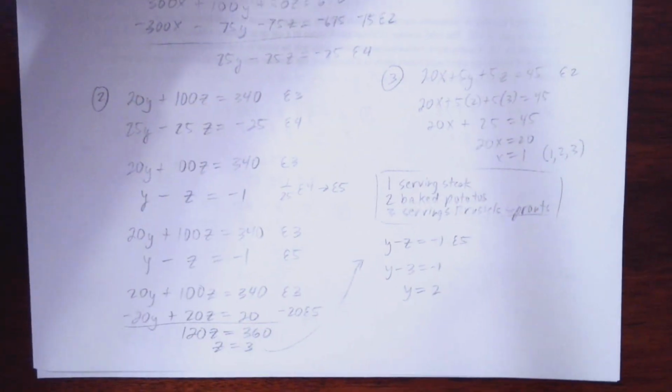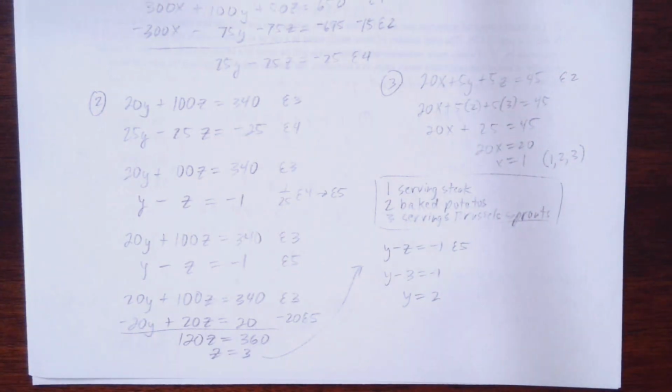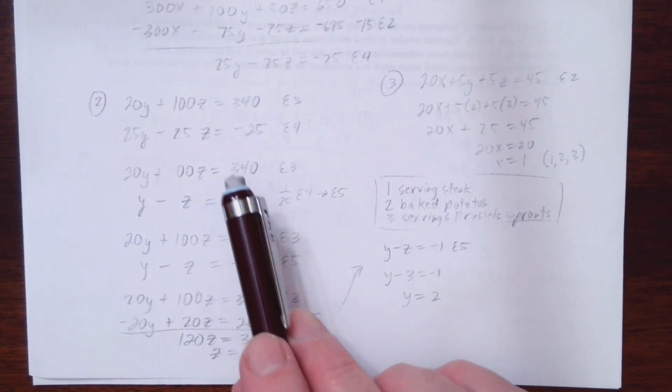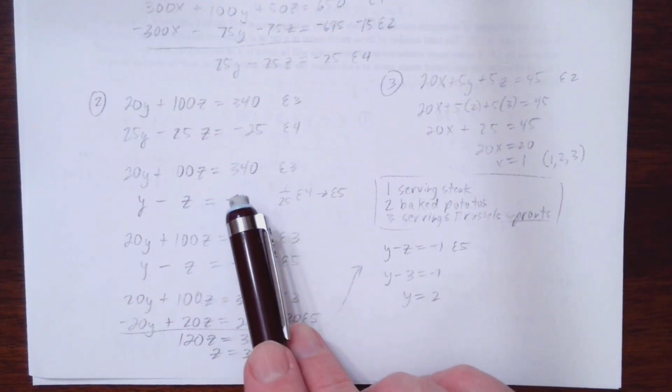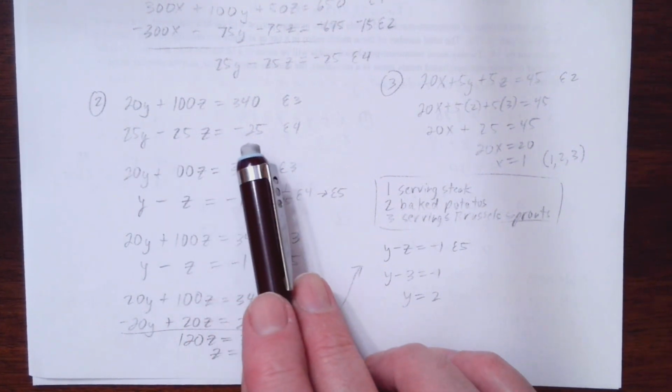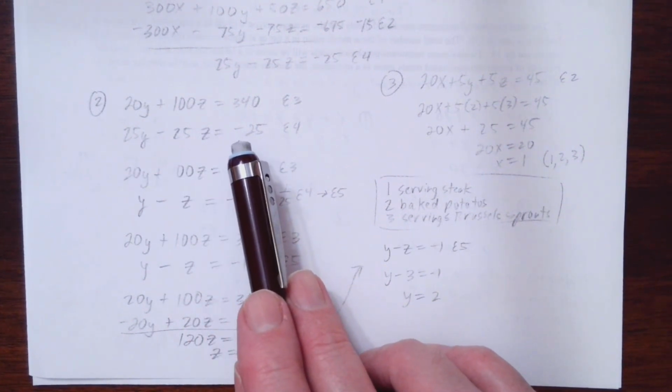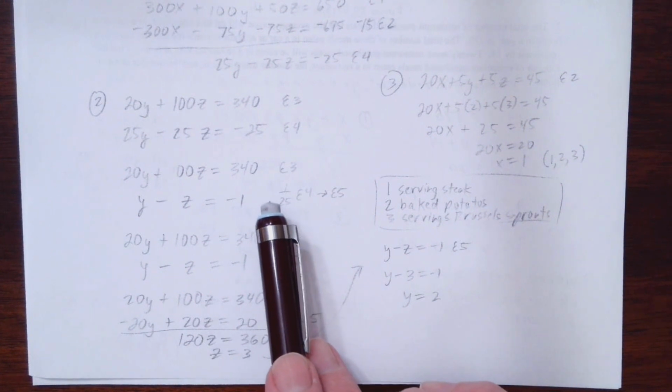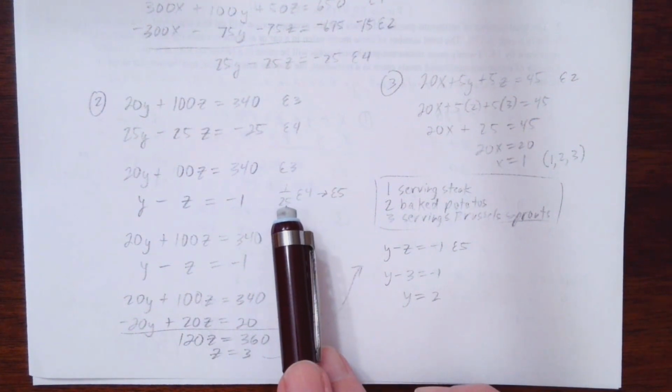So I'll show you the work. With these two equations, I saw that each of these are divisible by 25, so I just divided by 25, or the other way to think of it is I'm multiplying by the reciprocal.